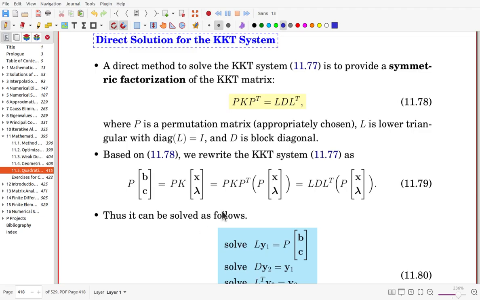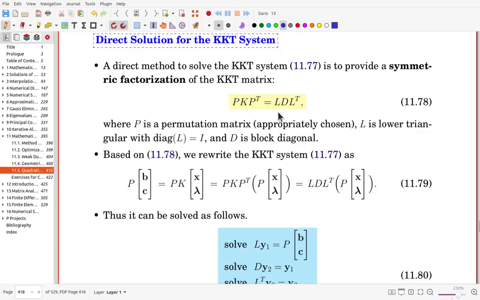Here we have a way to solve the KKT system directly. A direct method to solve the KKT system is to provide a symmetric factorization of the KKT matrix, along with some permutation matrix, so it is a transformed matrix, and we can get LDL transpose.